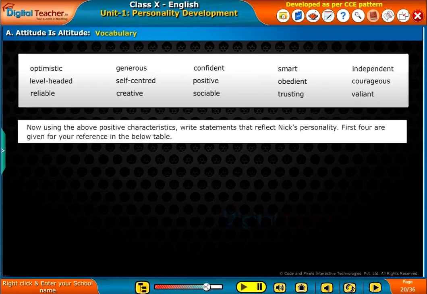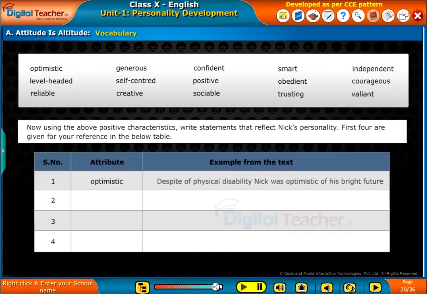Now, using the above positive characteristics, write statements that reflect Nick's personality. The first four are given for your reference in the below table.